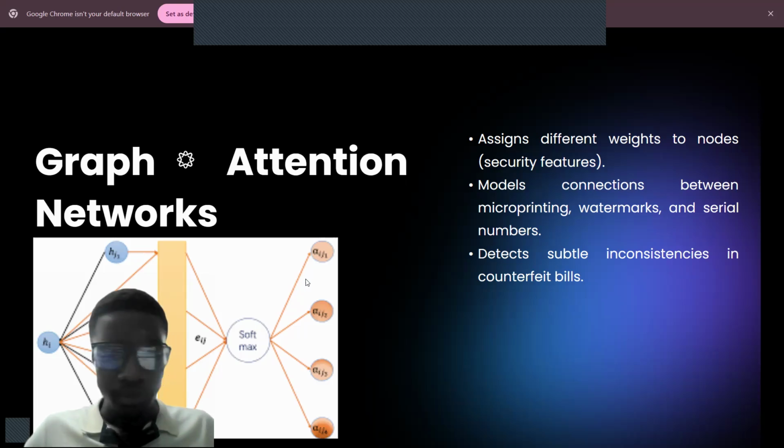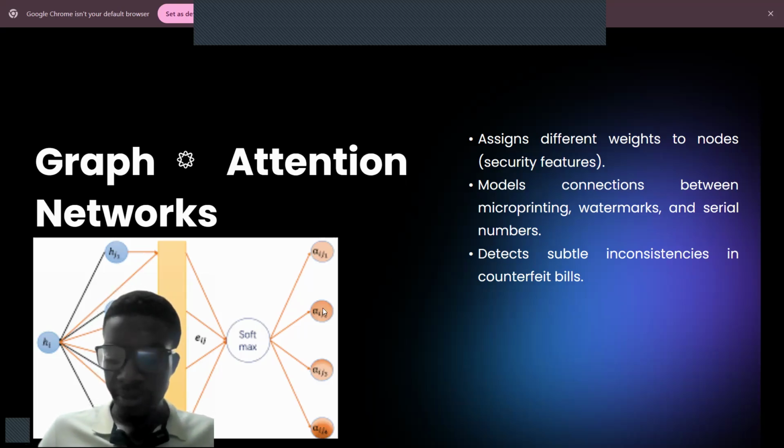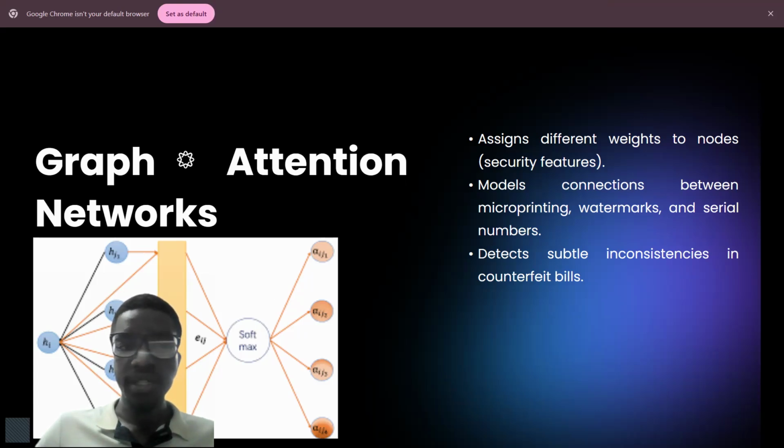The nodes of interest are connected to other nodes, and we use the attention function. It's not like the traditional methods, graph convolution networks, which use weights instead of the attention function.